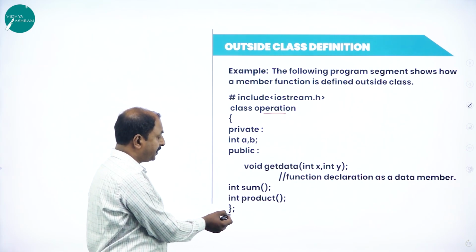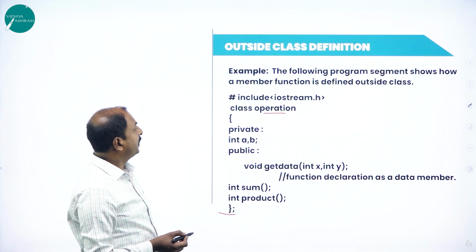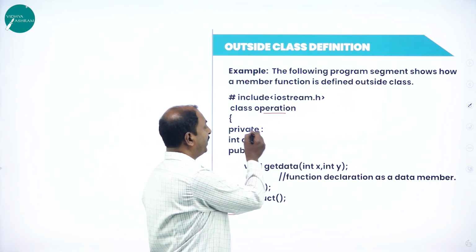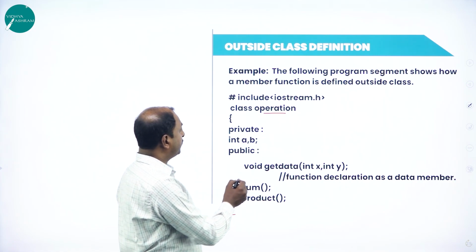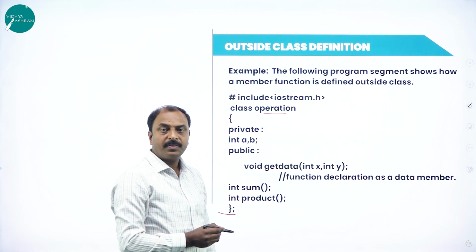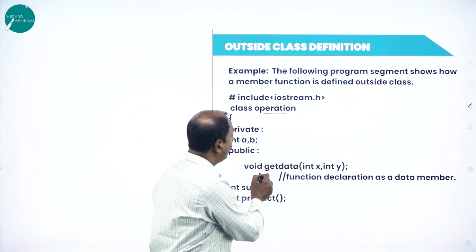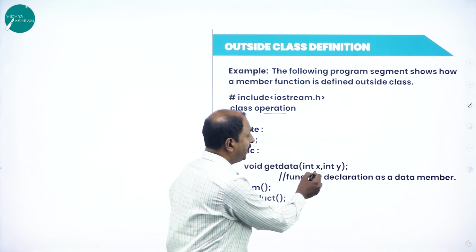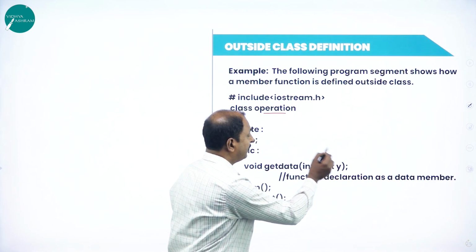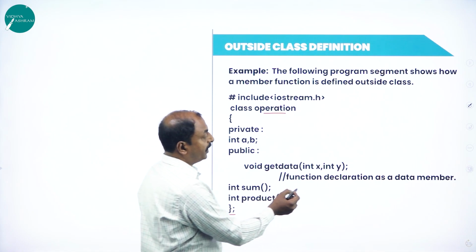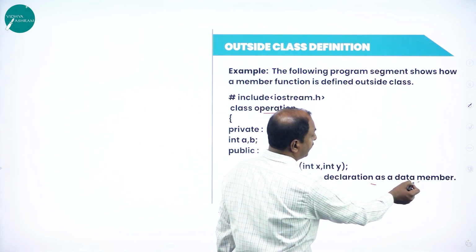The class ends here with a semicolon. Inside this we have the private access specifier, and here int a, b. These are the data members, and under public we have declared void getdata(int x, int y); this is a function declaration as a member.